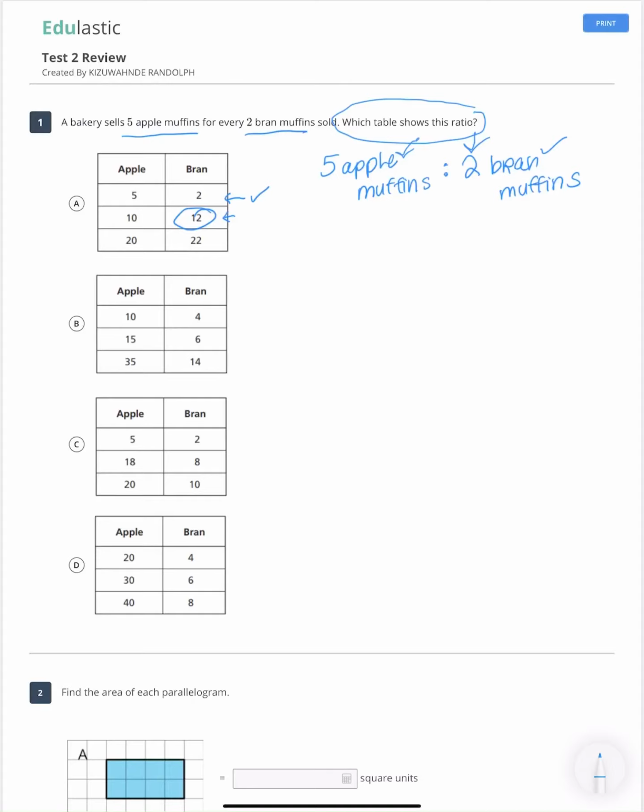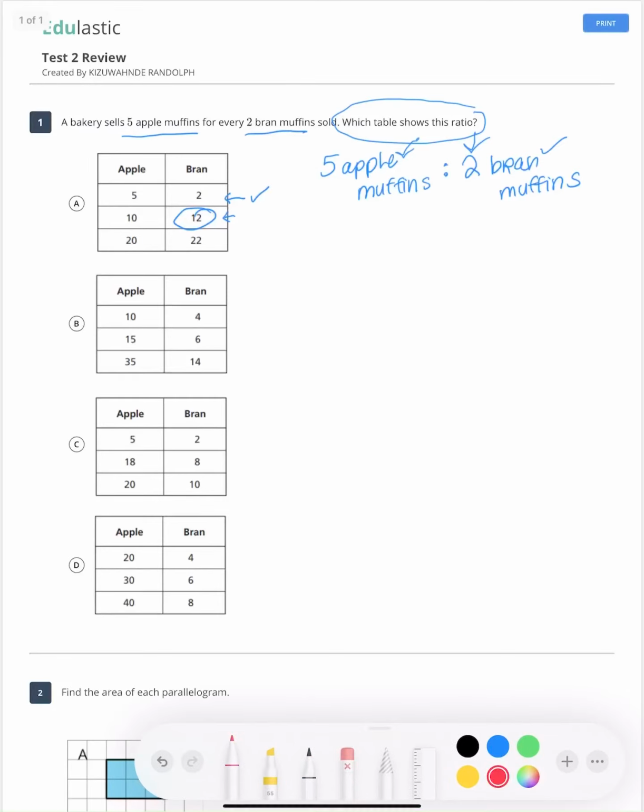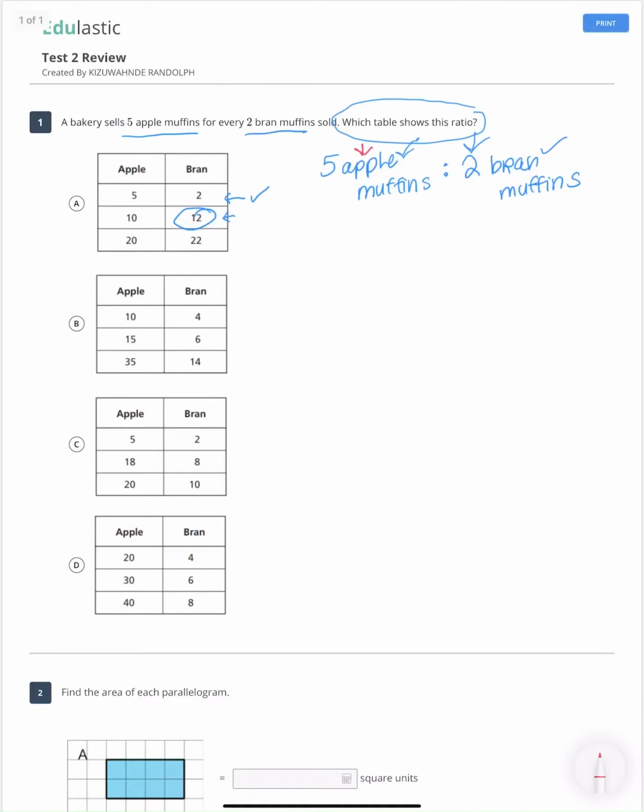Okay? So there's another way you could solve and figure out if this is an equivalent ratio or not. You could make one of the quantities equivalent to the ratio shown in the table. So this is what I mean by equivalent. So I want to make apples equivalent to 10. So I'm going to multiply by 2, and whatever I do to one side, I have to do to the other side. So whenever I multiply 5 times 2, the reason why I'm multiplying 5 times 2 is because 5 times 2 would give me 10 apple muffins.